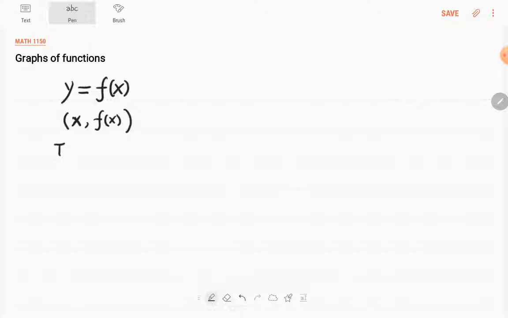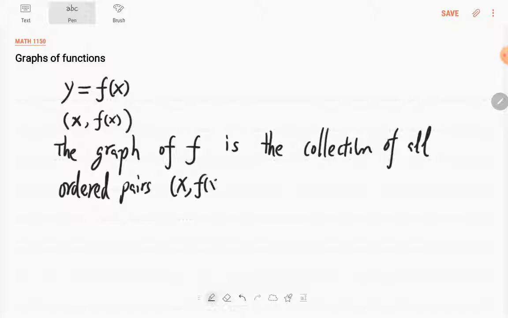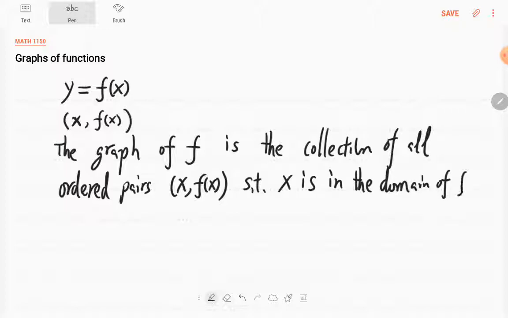So the graph of the function f is the collection of all ordered pairs (x, f of x) such that x is in the domain of f.